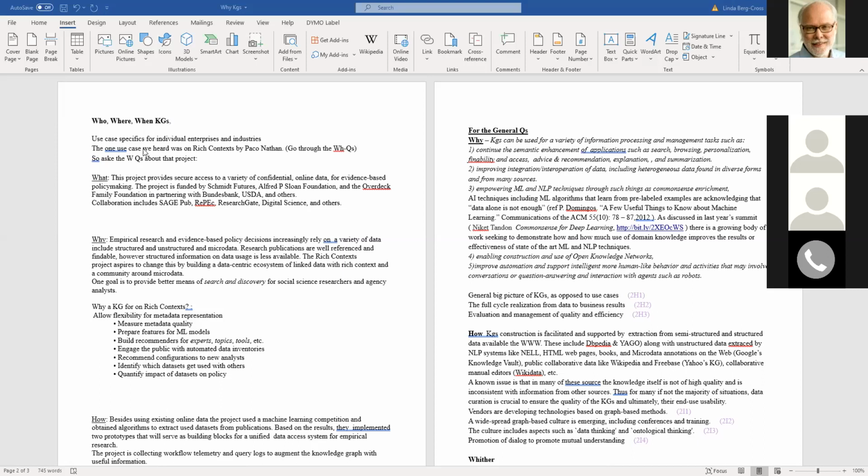What I have here is the beginning of extracting from his presentation and other material answers to the question: in terms of this particular use case, what's going on? Why are they using a knowledge graph? How are they using a knowledge graph, and so forth? I present this as something we can move forward as we have more speakers, if people like this idea.